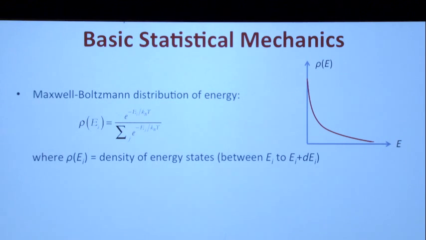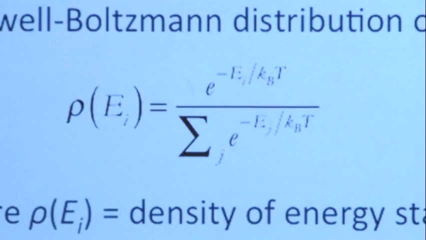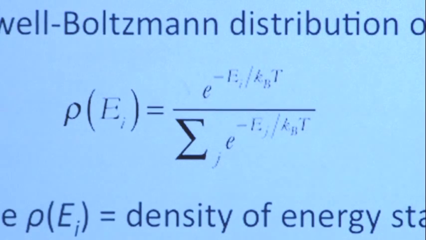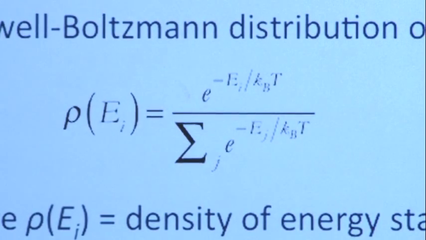And in terms of density of energy states, the number of energy states between an energy E sub i to E sub i plus dE sub i is postulated to follow this equation. In the denominator is the sum of those things in the numerator, obviously. And it is understood that the bottom part is something called the partition function, as defined.